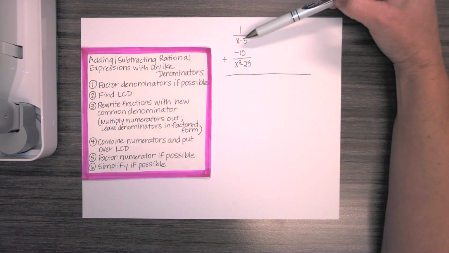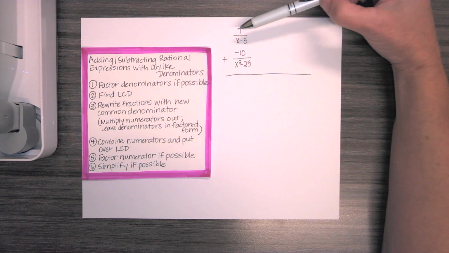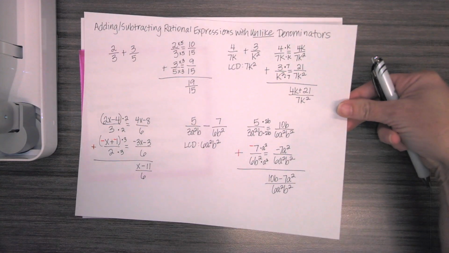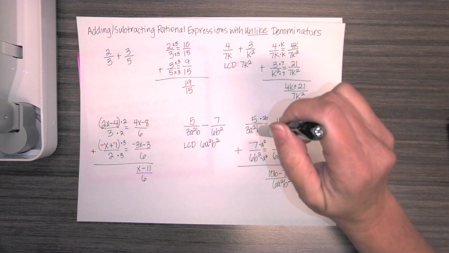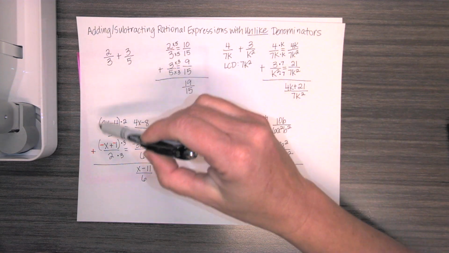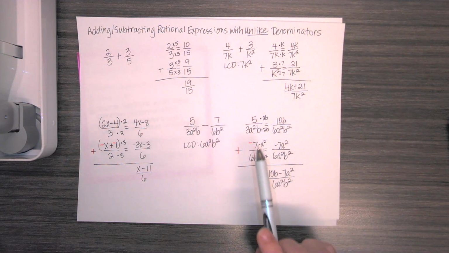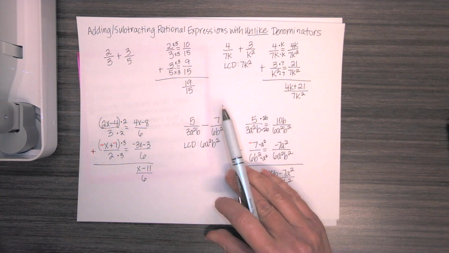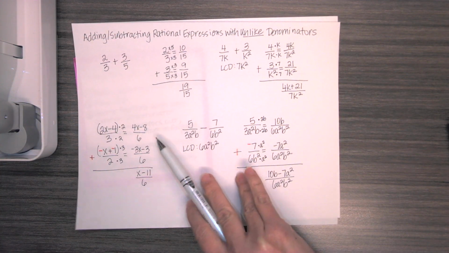So I check these denominators out. I have not had any in any of my previous problems. See, all of my denominators were monomials. So nothing could be factored.